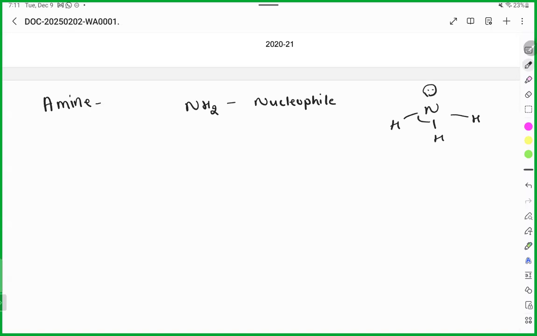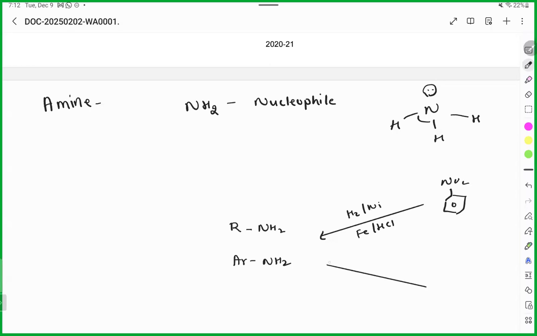Angle will be less than 109 degrees 28 minutes. Properties. First, you can produce the RNH2 or benzene ring NH2 from nitro part. How to do this? Either you do hydrogenation or you can add metal and do this. Fe is preferred because HCl is again produced and less consumption.